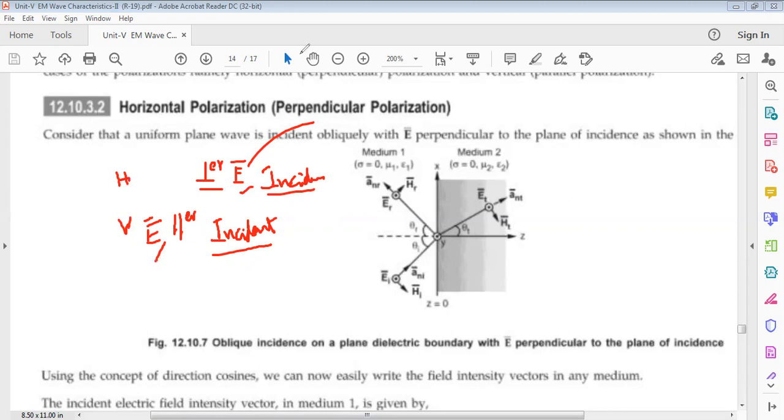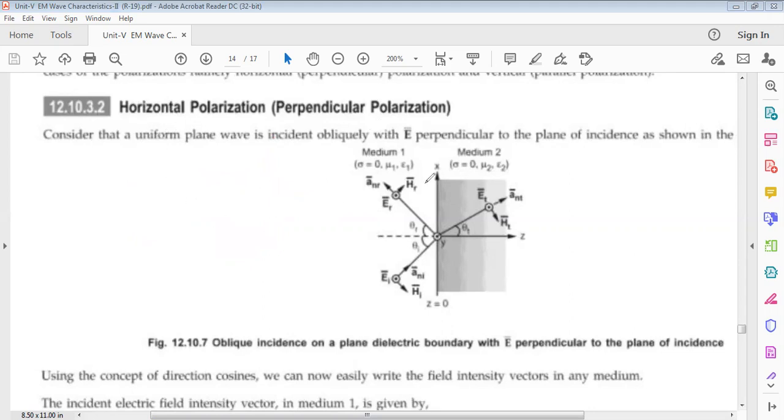So now we go for finding the equations of E1 bar and H1 bar. Both the mediums are dielectric, so E1 bar is equal to E2 bar. That is, E1 in medium 1 is the combination of EI and ER, and E2 is ET bar.